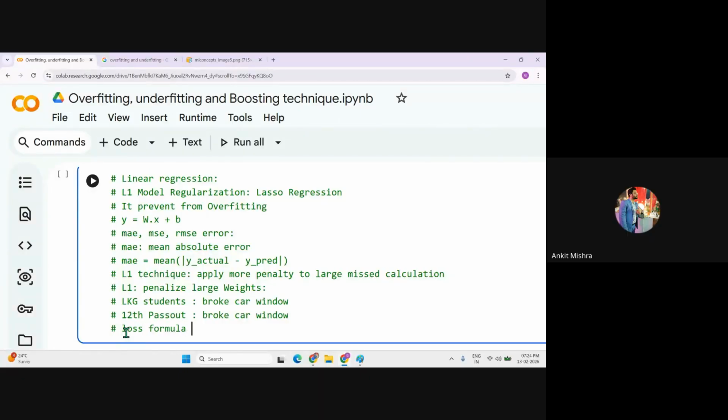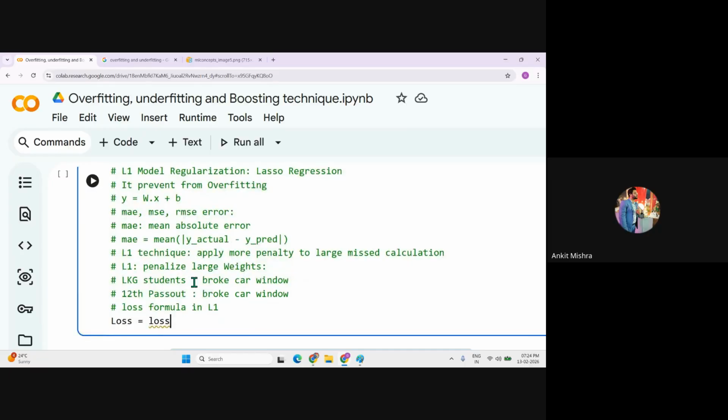The loss formula in the L1 technique becomes: loss is equal to the original loss, where loss is like MAE, MSE, RMSE, pick any of them, right? Plus additional loss. So we have a formula for that: lambda and the sum of all the mod values of the weights, whatever weights we pick, right?